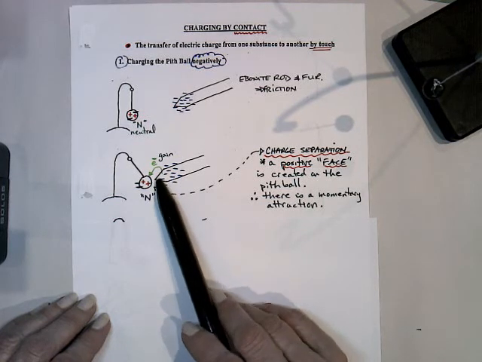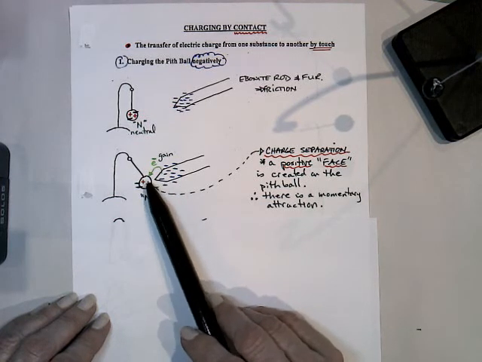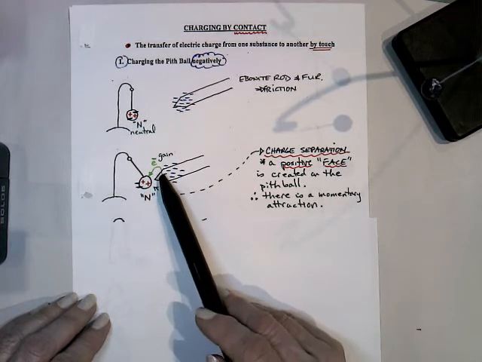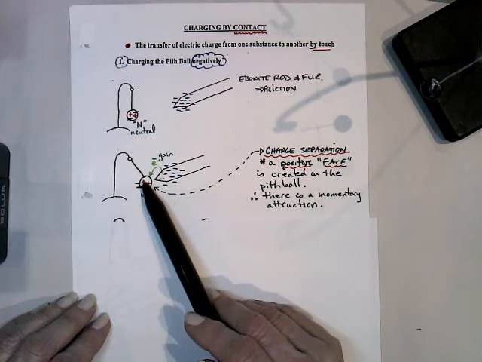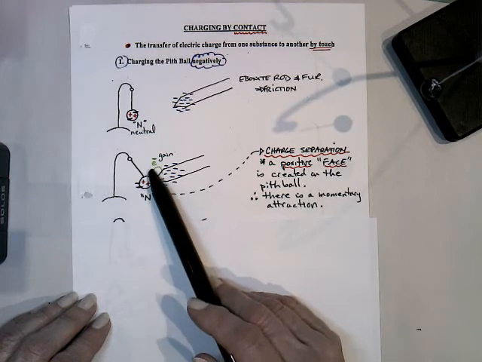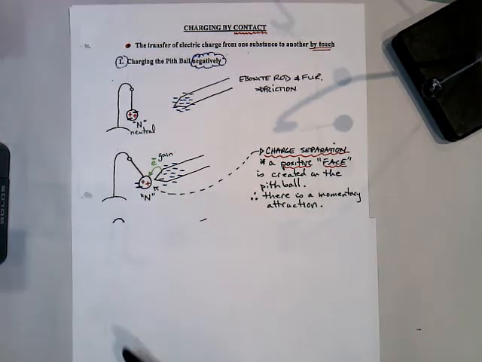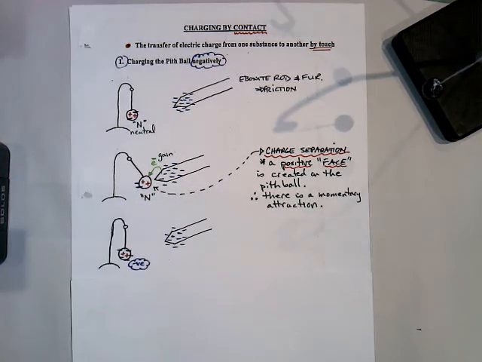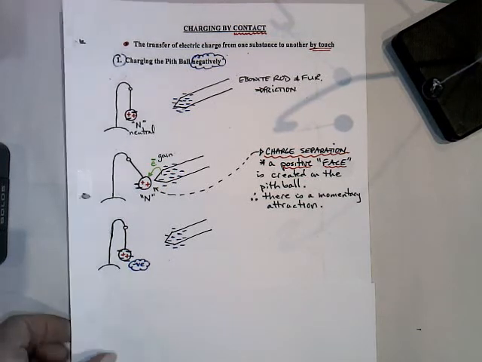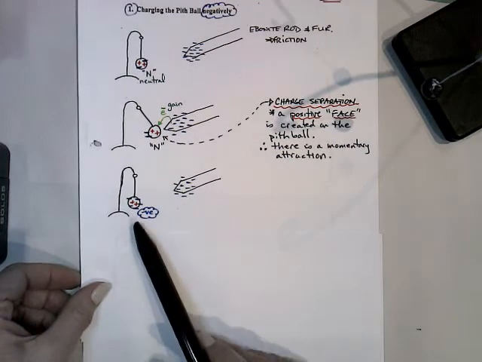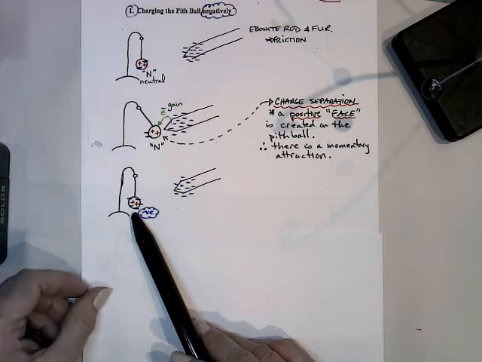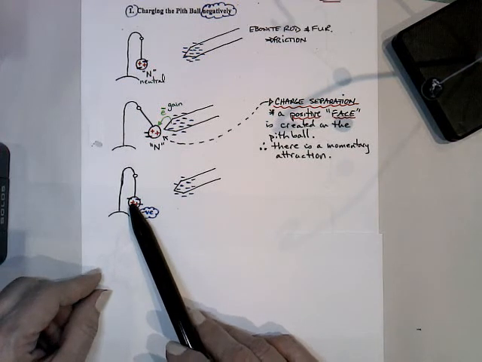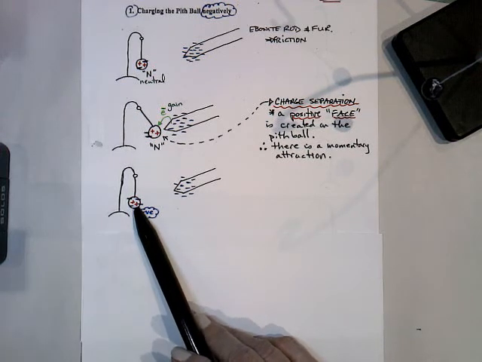Now, if the rod gets too close or you actually touch it, then electrons can hop off. And if electrons hop off onto the pith ball, then you can see what happens in the third diagram down here: you end up with a negative pith ball. You still just have two positives. Remember, you can't add positives.